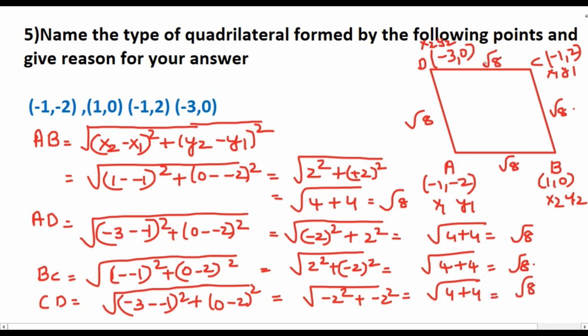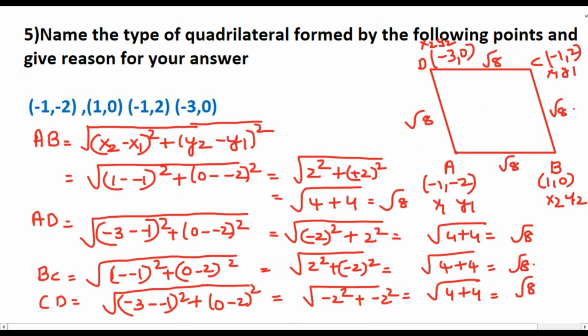So all the sides, AB, BC, CD and AD, are equal. Now we can say it will be either a square or a rhombus. Now we will check the diagonals also.